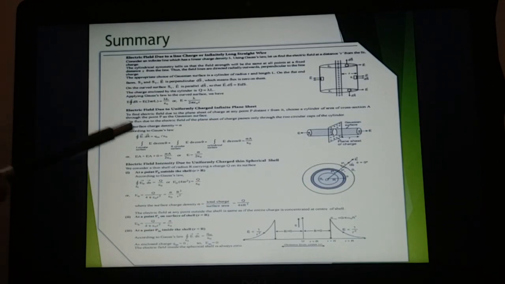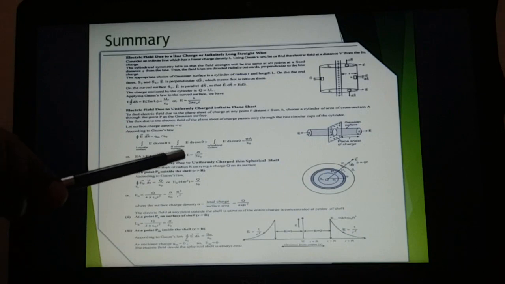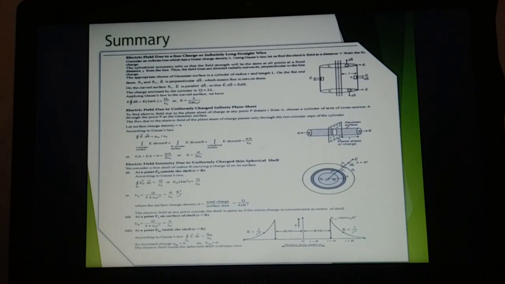And there, the electric field intensity you are getting is sigma by 2 epsilon 0, where sigma is the surface charge density, and it is independent of the distance. That is an important result. And we have seen, I didn't mention here, a special case when two equal and oppositely charged conducting plates are kept close to each other.